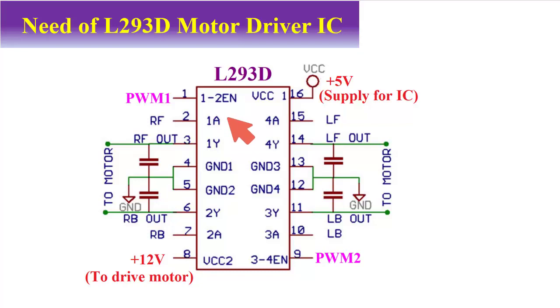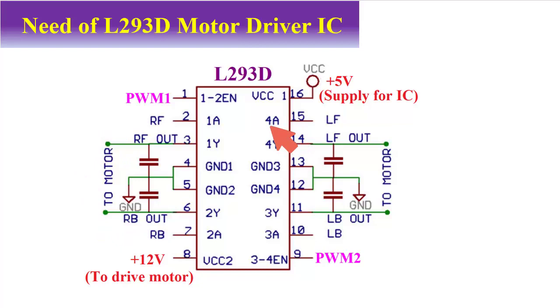From the microcontroller, 4 outputs will be connected here to control 2 motors. For one motor, this 1A will be connected to a particular pin of the microcontroller. This 2A will be connected with another pin of that microcontroller, and these 2 will be used to control the movement of this motor.